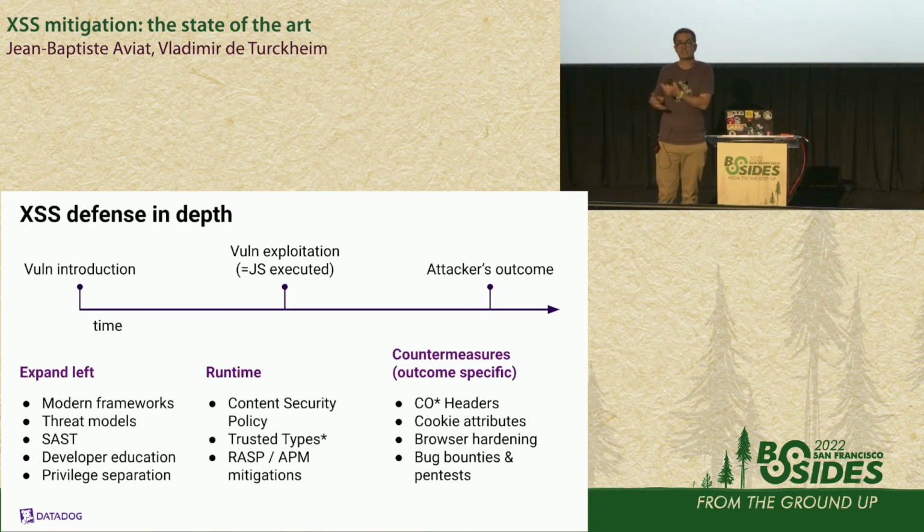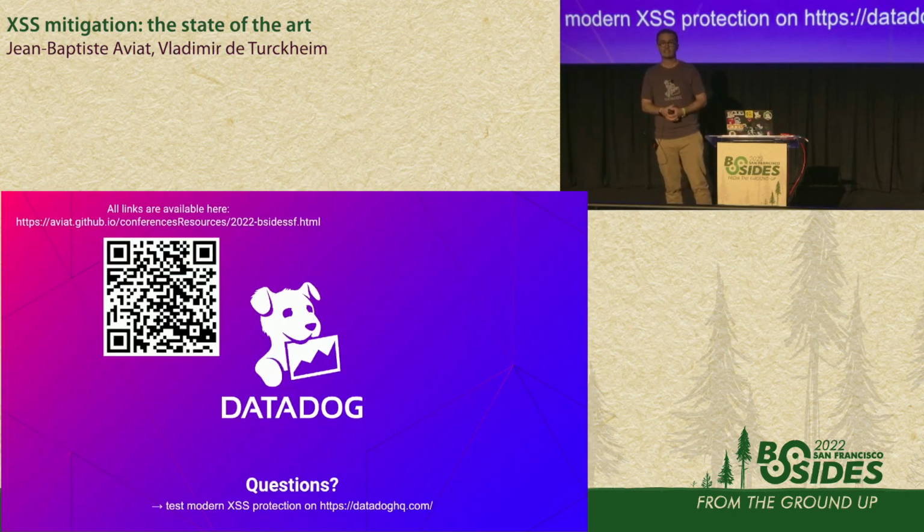And last but not least, to prevent the attacker's outcome, you have a lot of other things like all the headers that we've seen, cookie attributes, browser hardening, and down to bug bounties and pen tests. That's it, folks. Thanks for your time today.